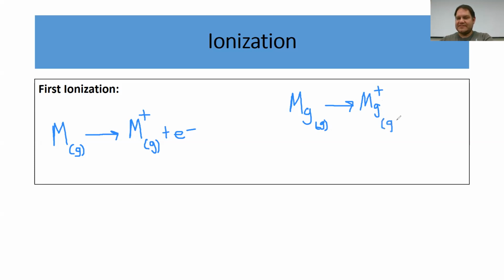Still going to be in this gas state, and then we show the electron that is being emitted or ejected in our equation, okay? So there's an example of what we would say is the first ionization process.